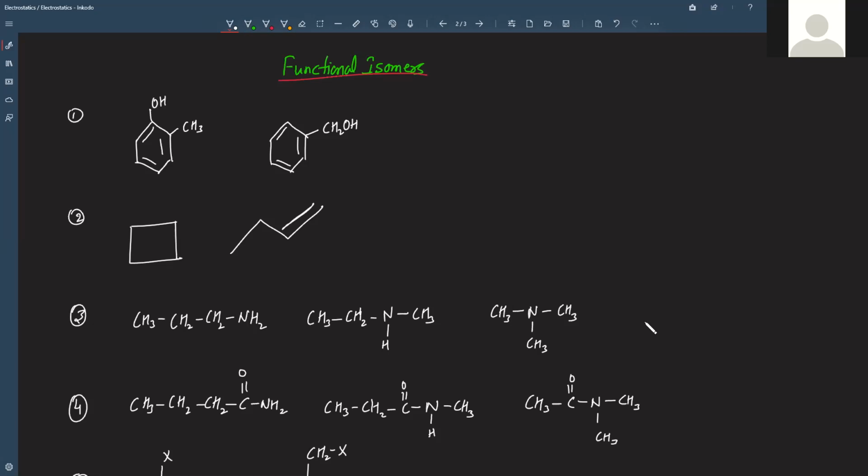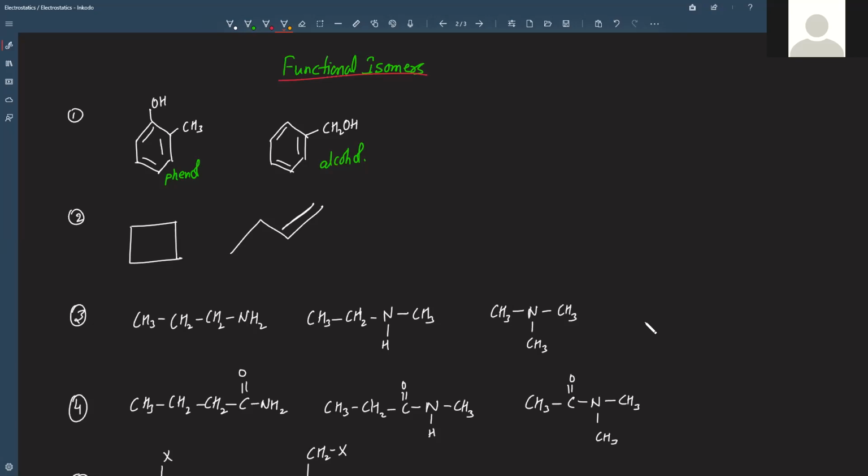If you see, the first one is phenol, while the second one is an alcohol. Now, the formula will be the same for both. What is the formula?